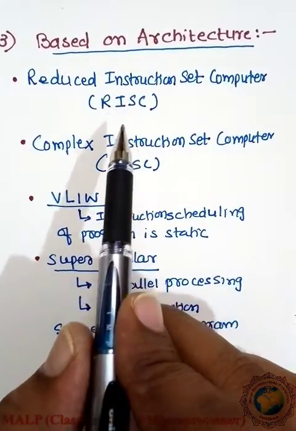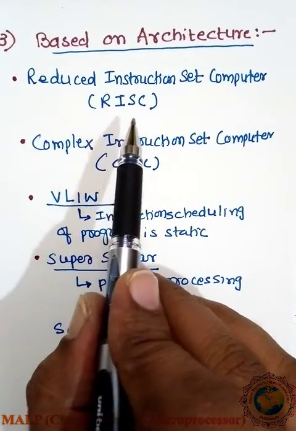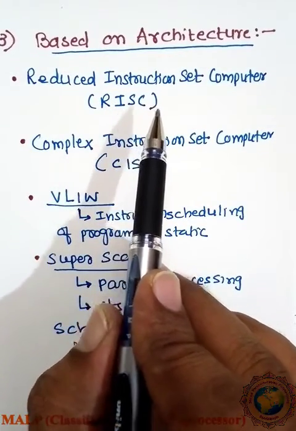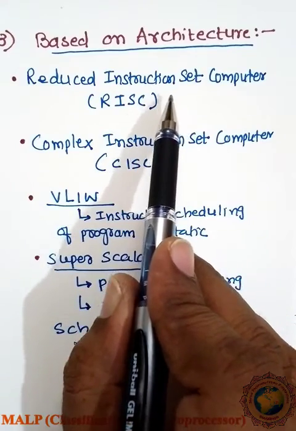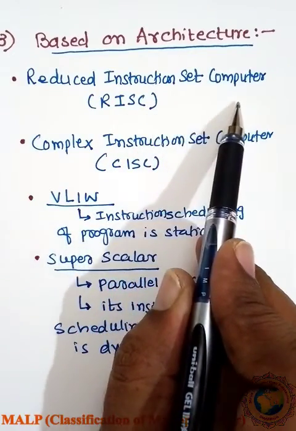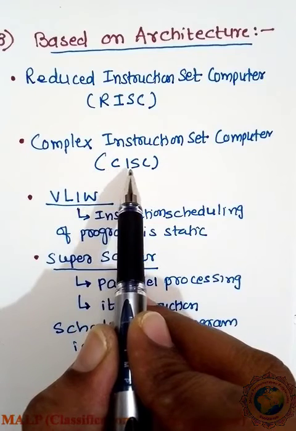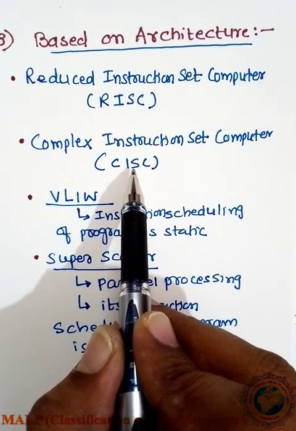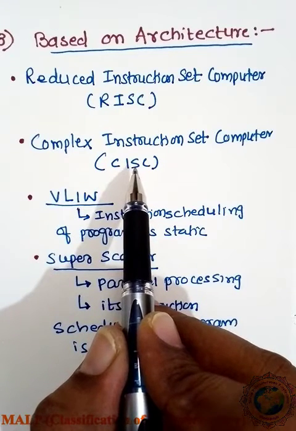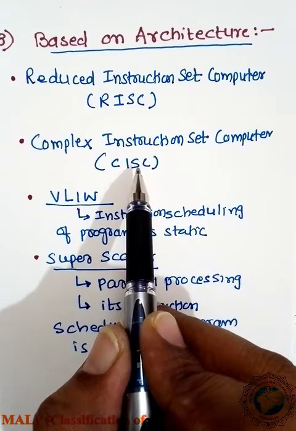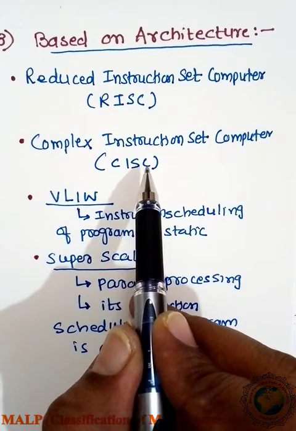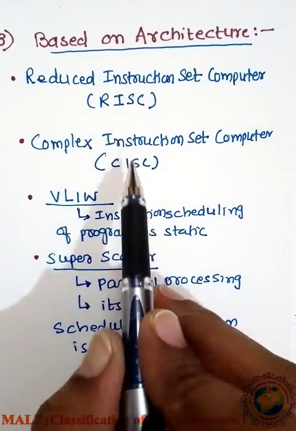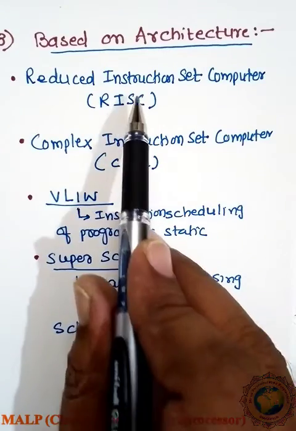RISC, once again, supports a limited or small number of machine language instructions. CISC is very easy to program because only 70 to 100 instructions are there, but it is slower and more expensive than RISC.